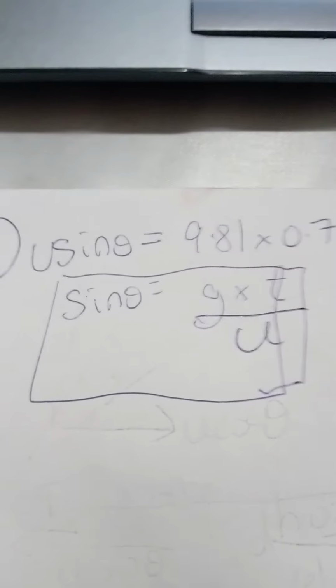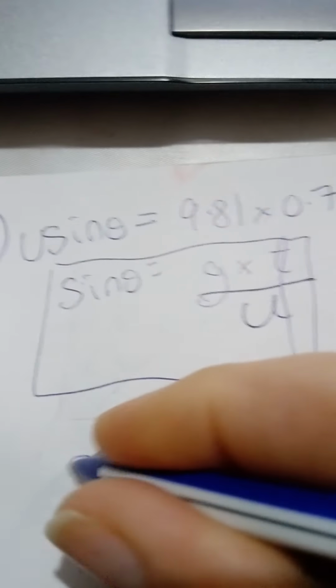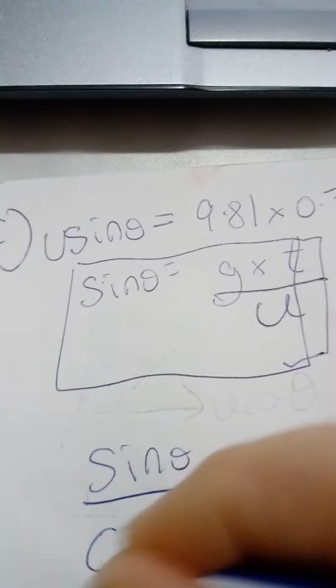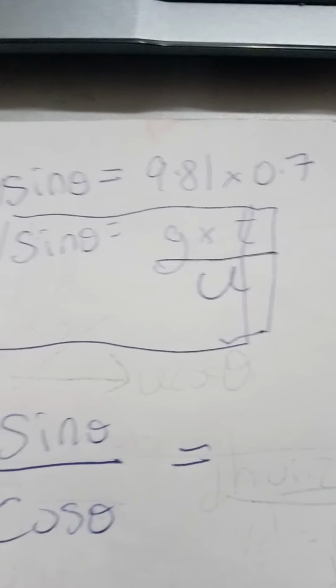We also know what cos theta is, as we said before. Cos theta equals d over tu, which we proved earlier. To get tan theta, we divide sine theta over cosine theta. That will be, instead of sine theta, gt on u.